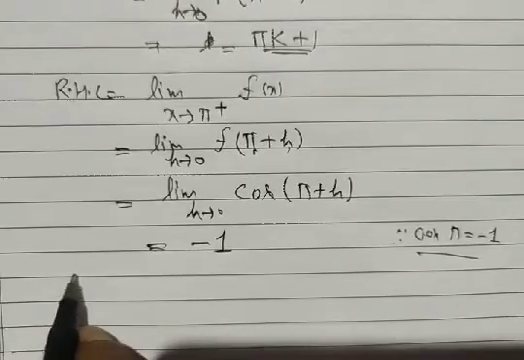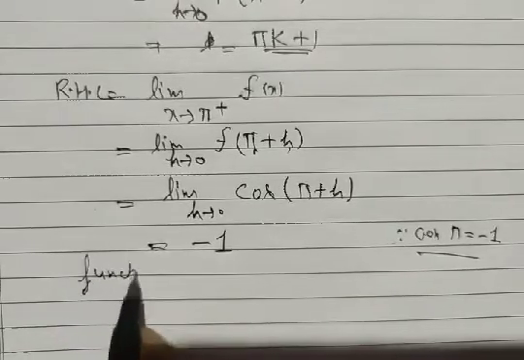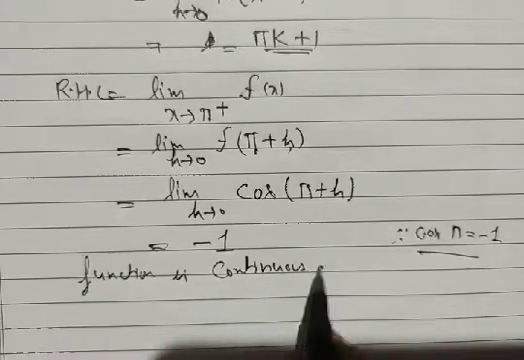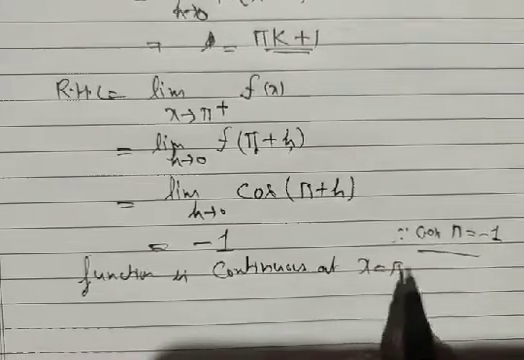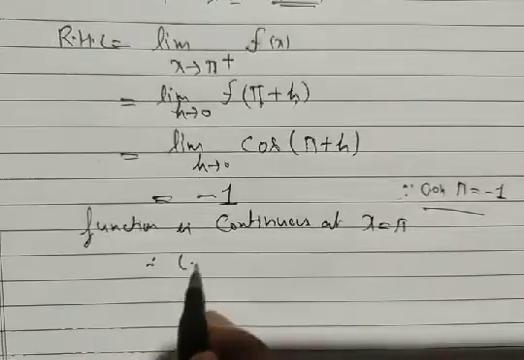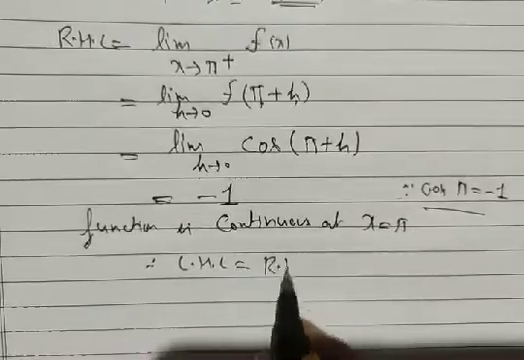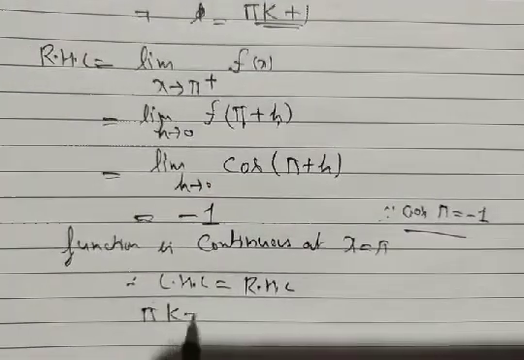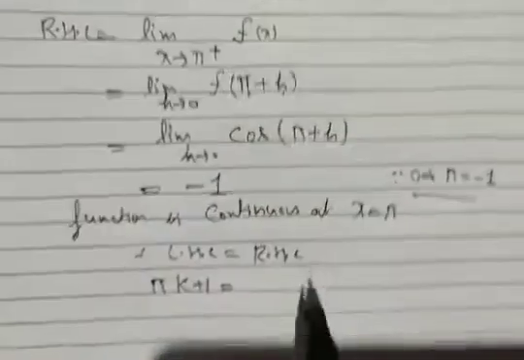Now since our function is continuous at x equal to pi, our left hand limit is equal to right hand limit. What do we get from our left hand limit? We get pi k plus 1. Then pi k plus 1 equals our right hand limit, which is minus 1.